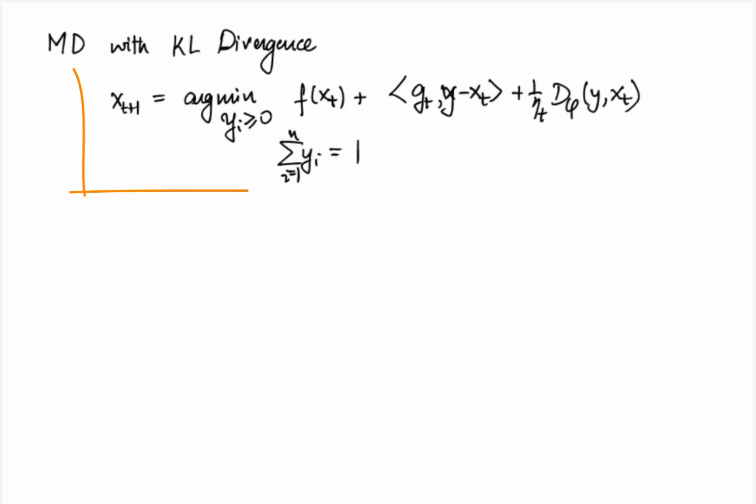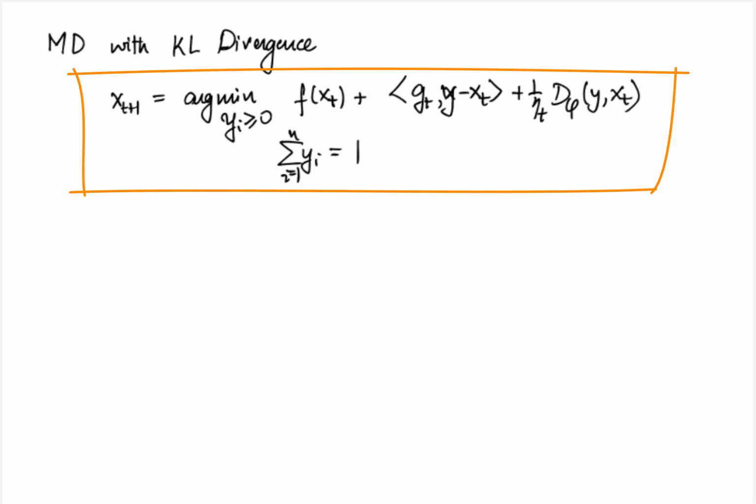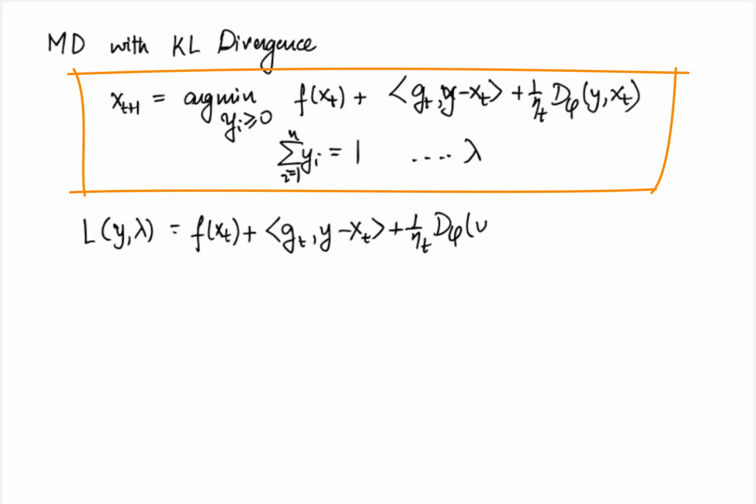So we have solved this kind of problem with a single constraint many times before, so we will skip a few steps. We will associate a Lagrange multiplier with the equality constraint. Then the Lagrangian is given by L of y comma lambda equal to f of x_t plus inner product g_t comma y minus x_t plus 1 by eta_t d phi of y comma x_t plus lambda times summation over i of y_i minus 1.